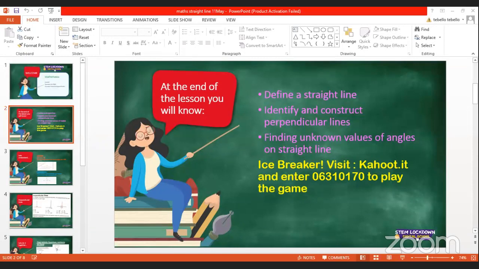Okay, guys, a minute remaining before we finish playing the game. Just type kahoot.it and then enter the pin on the screen, colored in yellow. Then you can play the game and then we'll start our lesson.